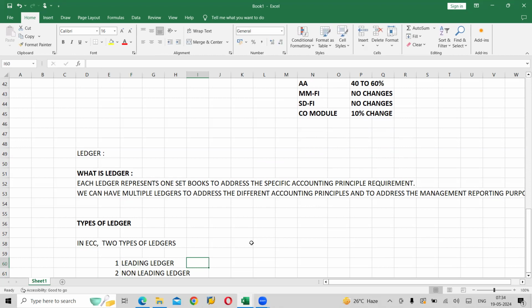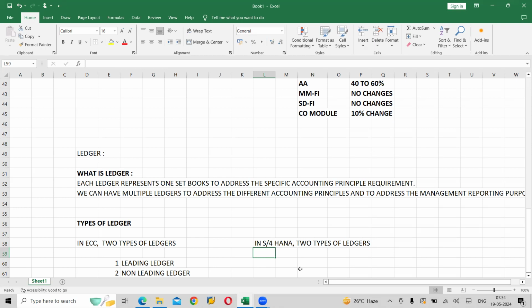But when it comes to S/4HANA, there are also two types of ledgers. What are those two types? Standard and extension ledger.